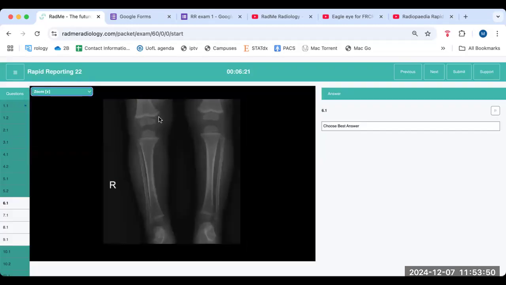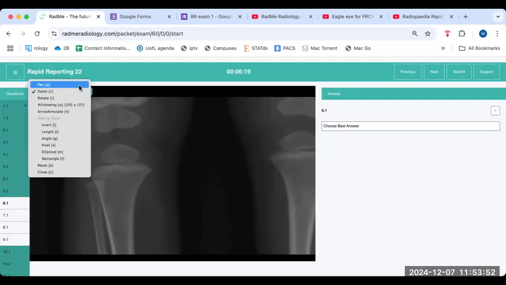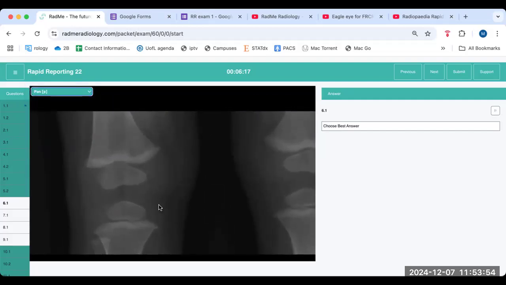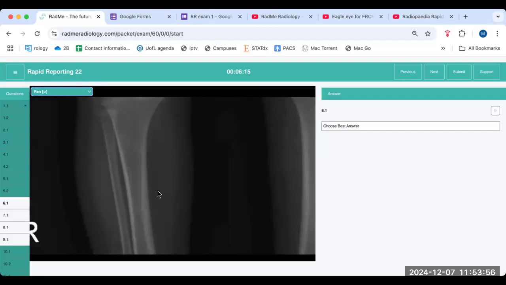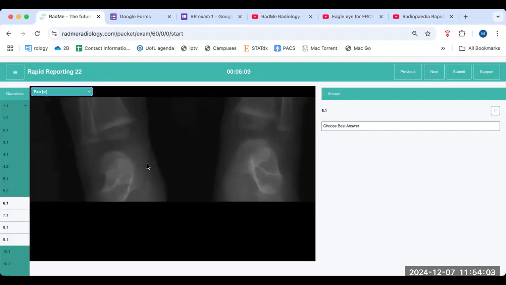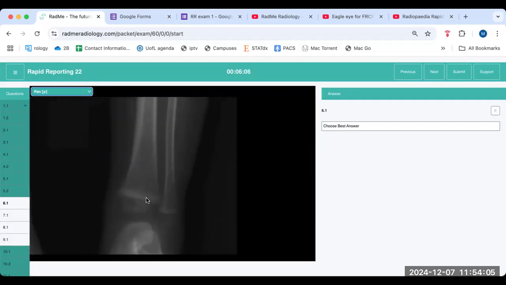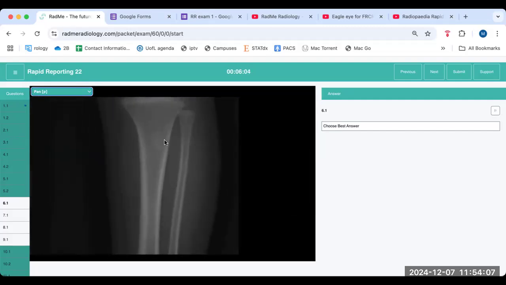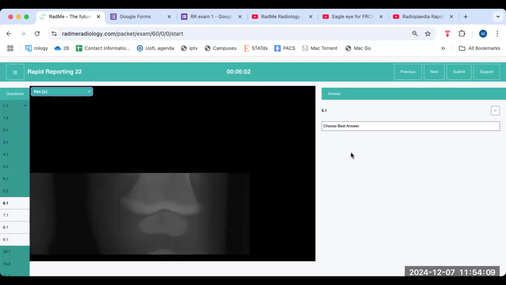And let's make a little bit of zooming here also. Side by side, check if there are any spiral fractures or any metaphyseal corner or buckling. On the other side, there is nothing, so I will put it normal.